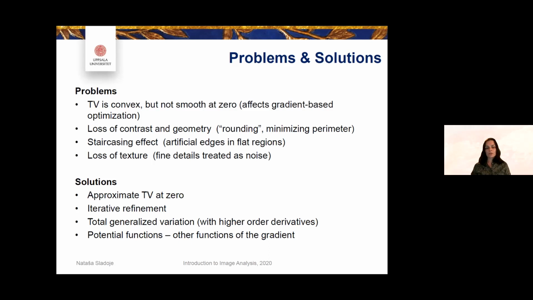And we can also have some other functions that act on the gradient, and by that have a better, finer selection of which details we want to preserve and which we consider noise and want to remove, or address some other issues that may happen with total variation as originally defined.